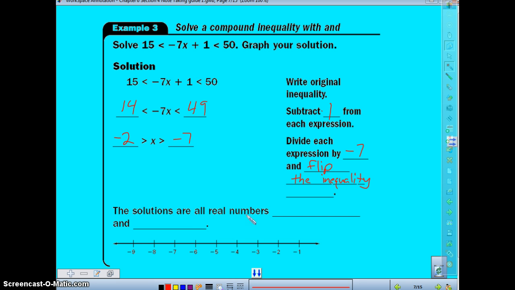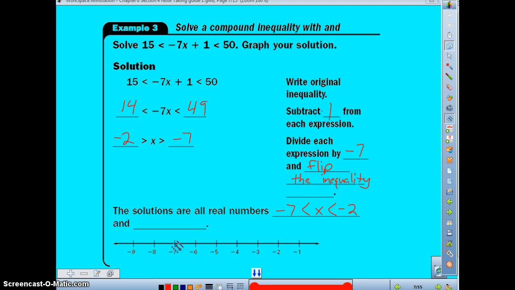I could leave it like this, but I like it pointing the other direction because it puts it in order. So negative 7 is less than x is less than negative 2. The solutions are all real numbers greater than negative 7 and less than negative 2.